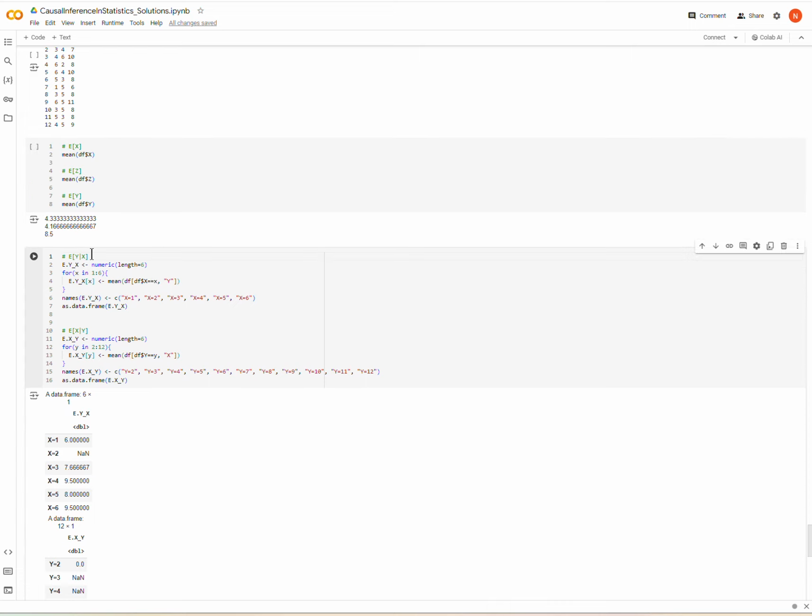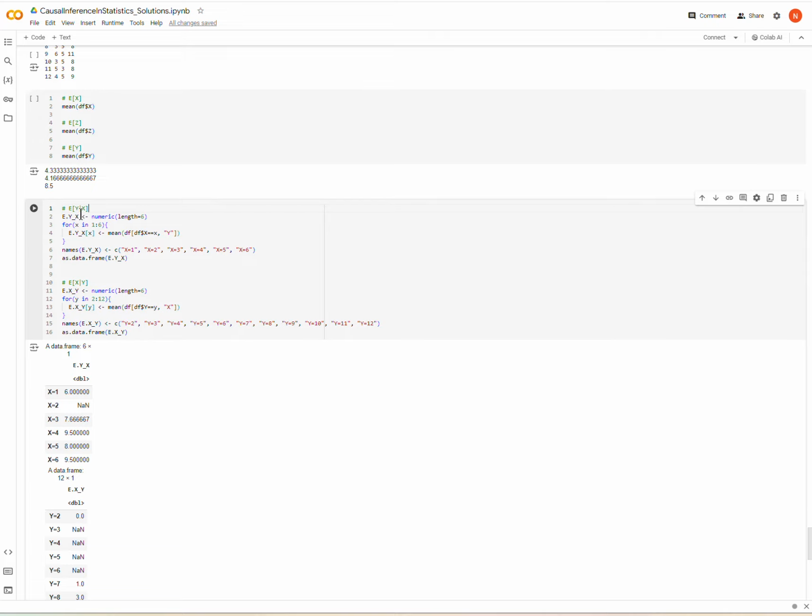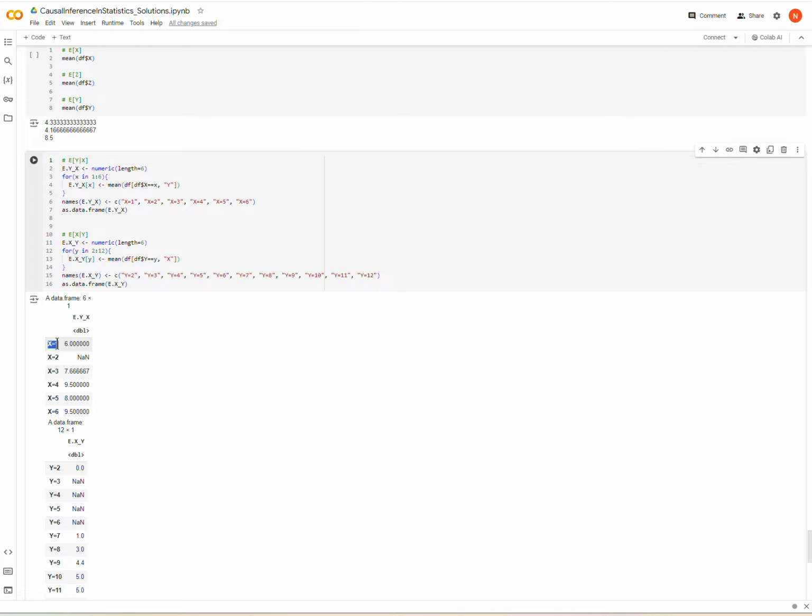So now we want the expected value of y given x and the expected value of x given y. You can step through this code, and that's fine. But when you come out the other side, for the expected value of y given x, I have each value of x and then the corresponding expected value of y.